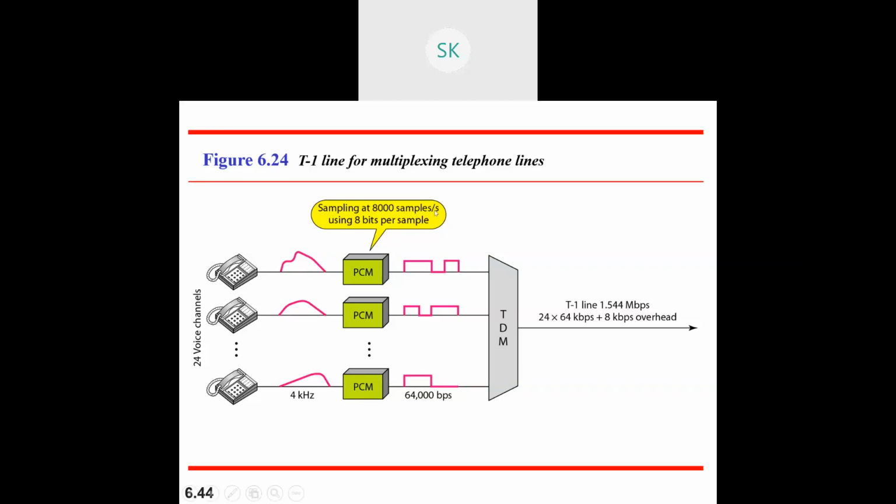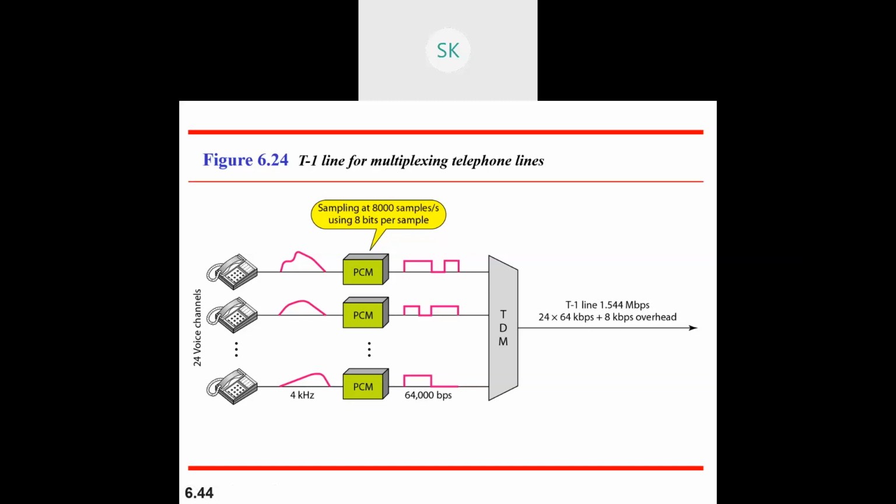So that's it with respect to synchronous time division multiplexing. I'll move on to one more. This looks similar to your analog hierarchy, what we have seen with respect to FDM. There, we took an example of the telephone system.